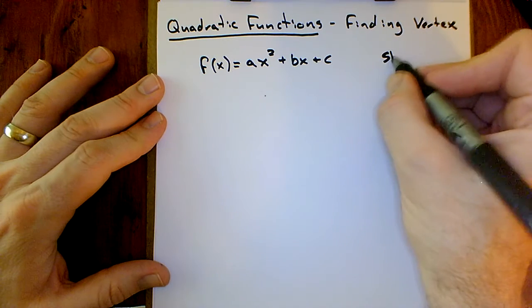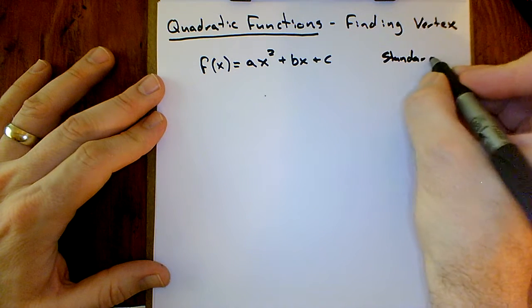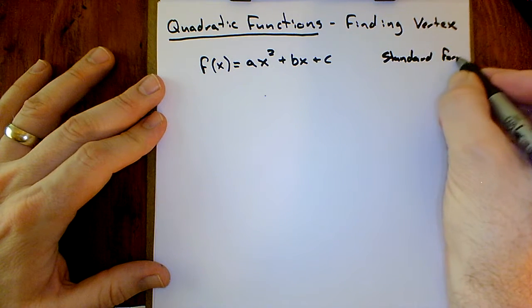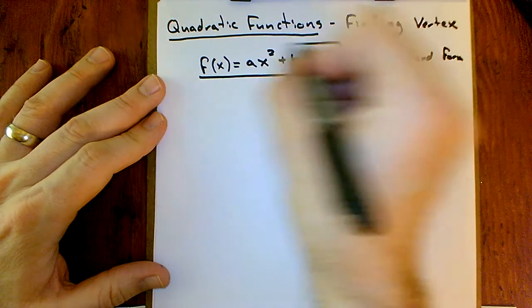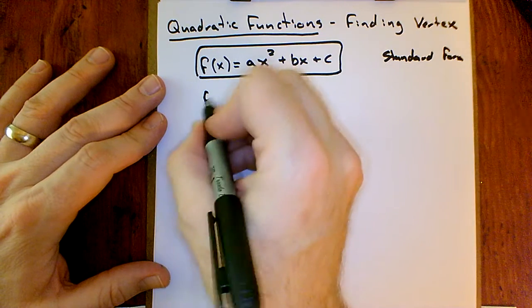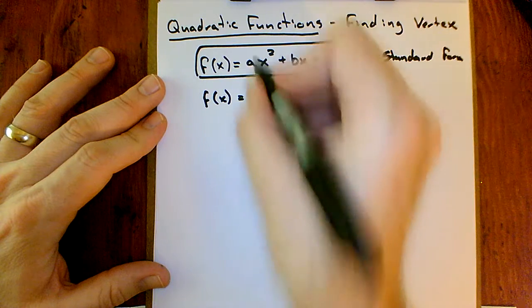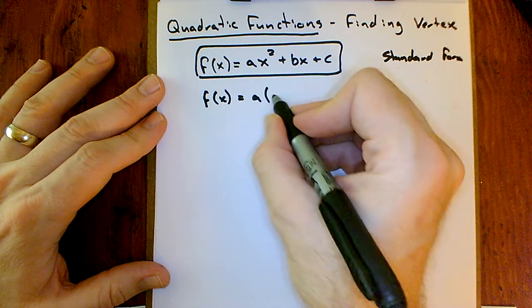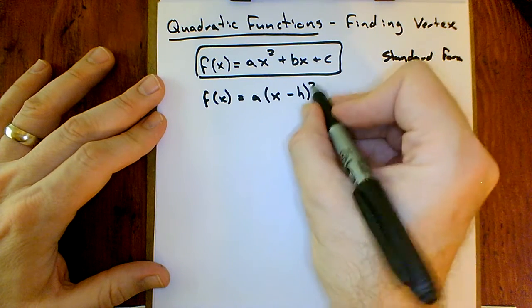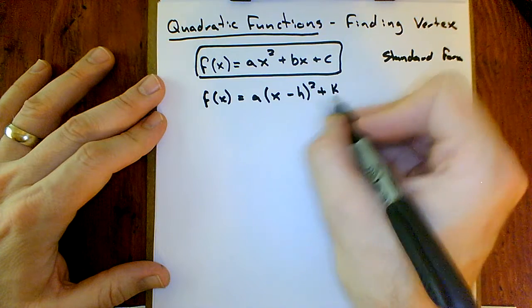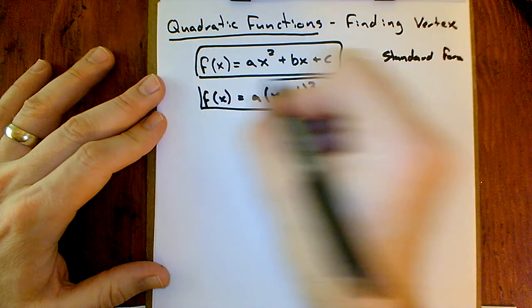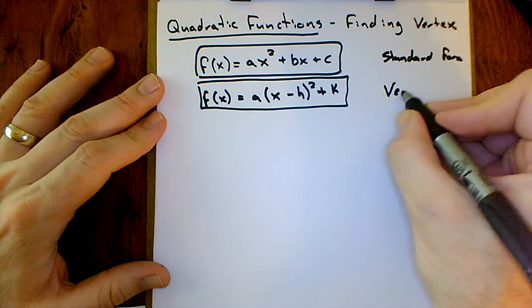This is that standard form. And we had our vertex form. This is the same value of a, believe it or not, times (x minus h) squared plus k. This is called the vertex form.